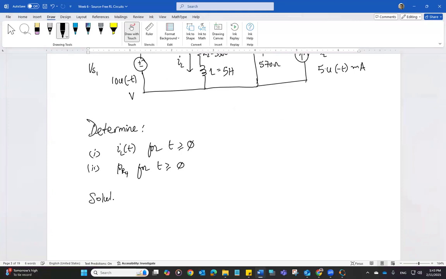So the first thing that we do, of course, is we evaluate the circuit for t less or equal to 0. Specifically, we evaluate it at 0 negative to get the initial value of the inductor current.